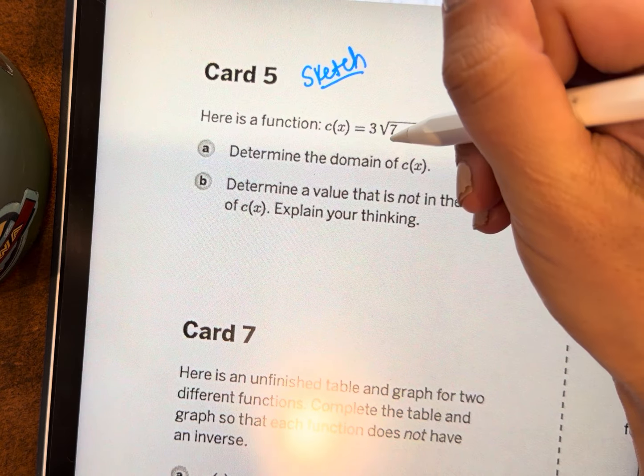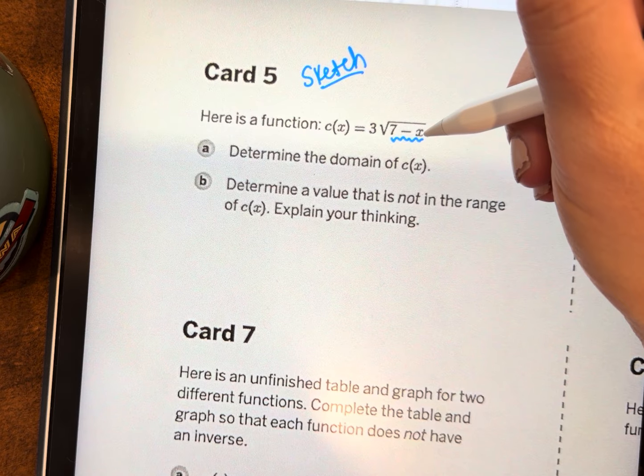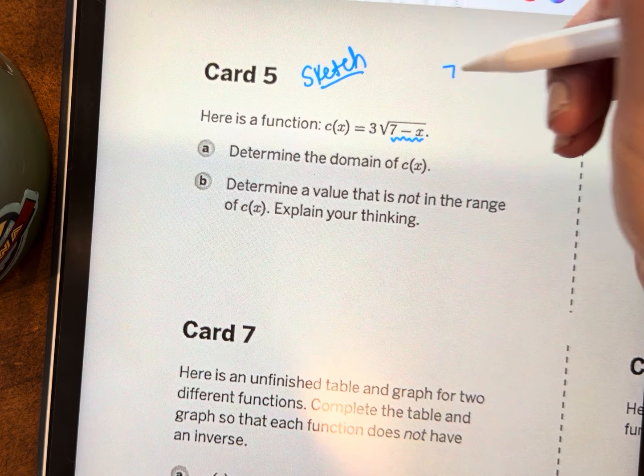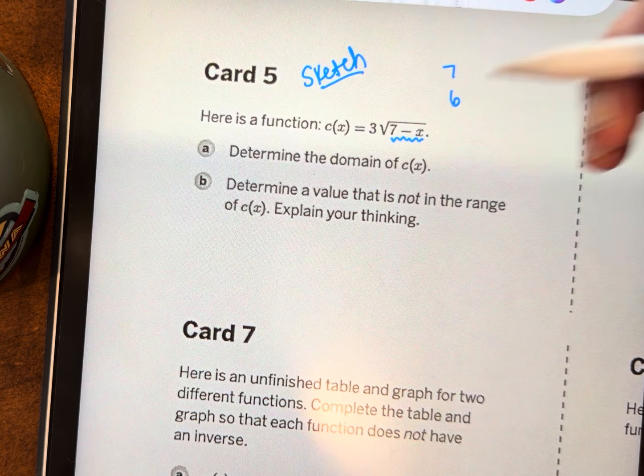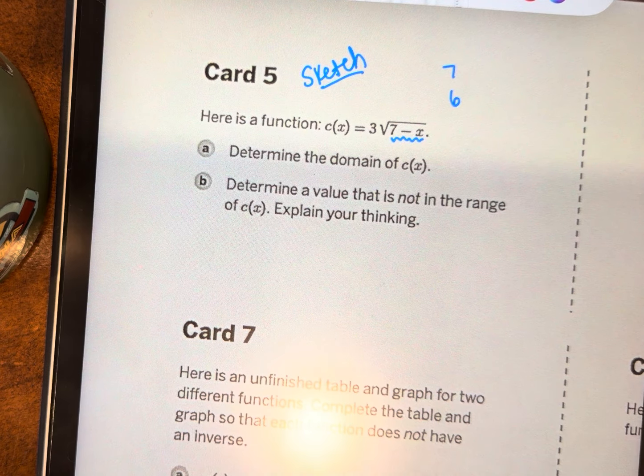However, the way they gave this equation, I would not try to sketch it unless you're going to use a table. Unless you're going to see that, okay, I can plug in 7 for x and numbers less than that, so I could plug in 6. If you do the table way and make a sketch, I like it. But if you're going to try to do it the transformation way, I don't like it.